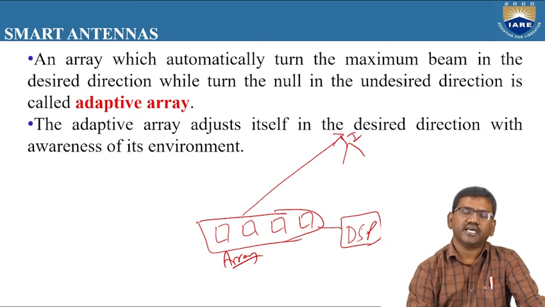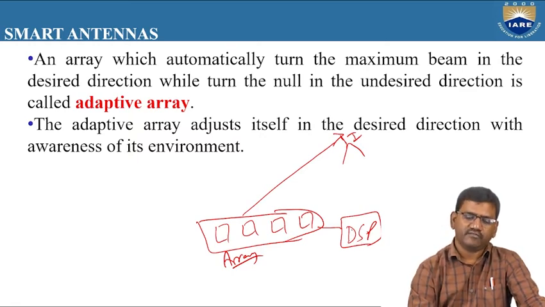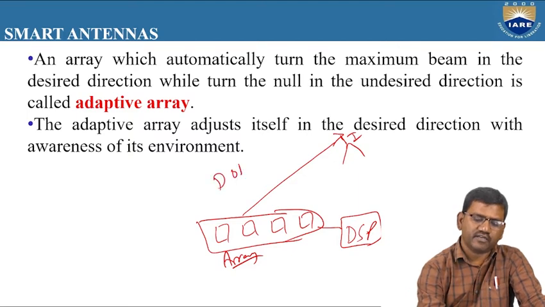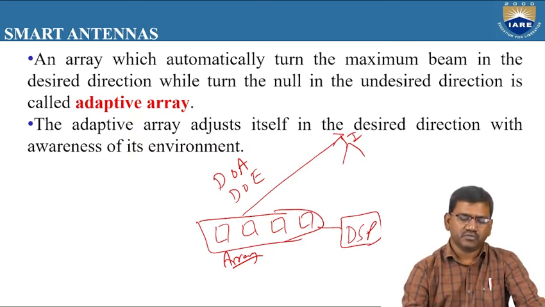Now, when the signal is sent from the user 1 to the array, this DSP, that is the digital signal processing unit, will estimate the direction of arrival and also the direction of estimation. That is, how much time it takes for the electromagnetic ray to send or receive the signal, and in which direction the signal is going.